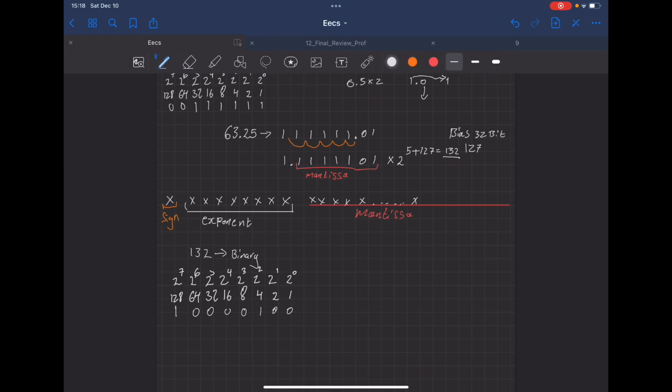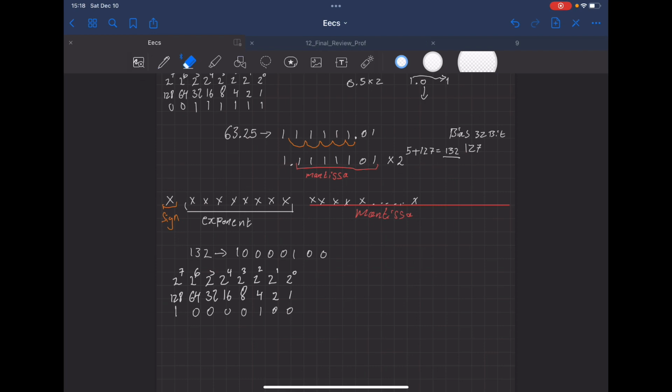Let's write this up here for clarity: 1, 0, 0, 0, 0, 1, 0, 0. 1, 2, 3, 4, 5, 6, 7, 8. Yep, that's an 8-bit representation.